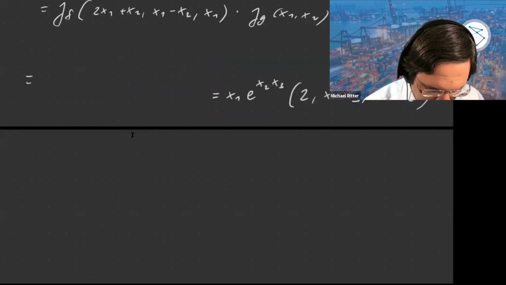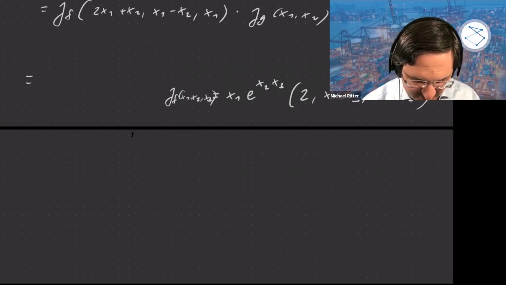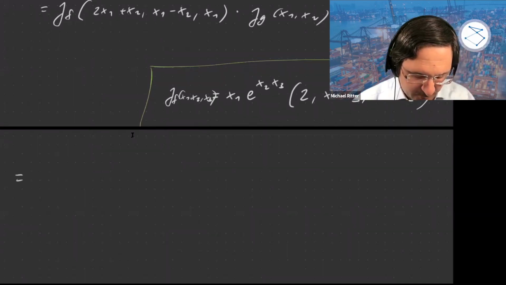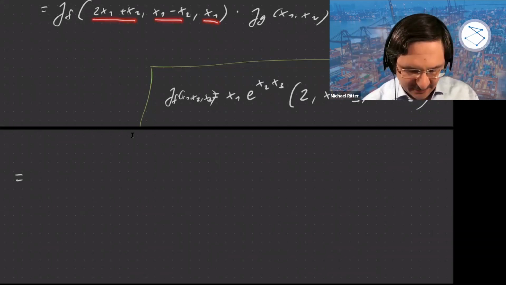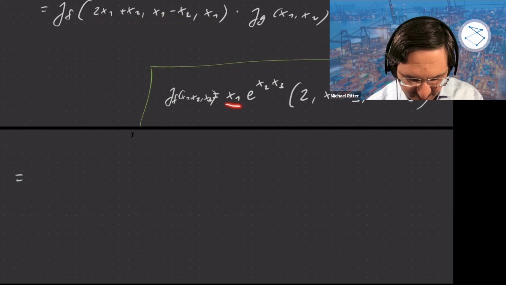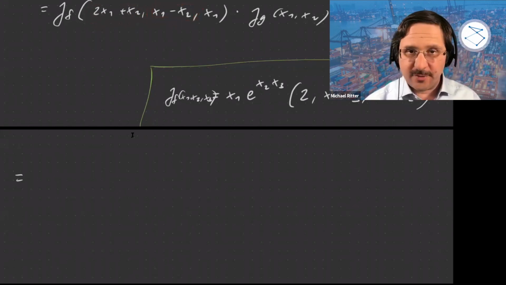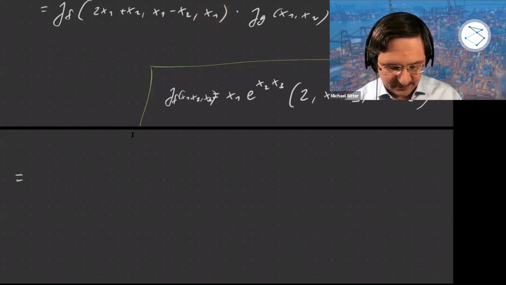Remember, Jf of x1, x2, x3 was this expression here. Now we want Jf evaluated at these coordinates. So instead of x1 in this expression, we use this term, 2x1 plus x2. Instead of x2, we use x1 minus x2. And instead of x3, we use x1.